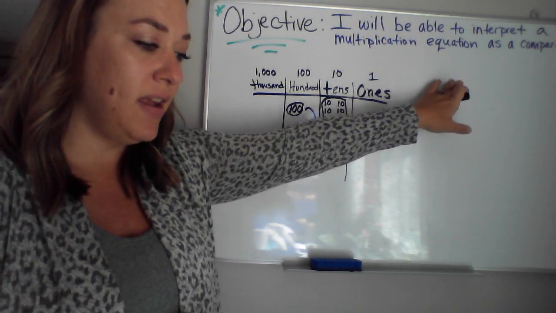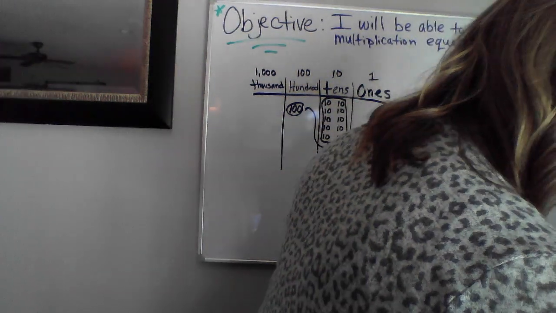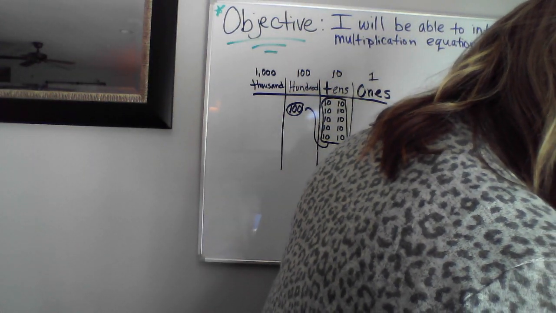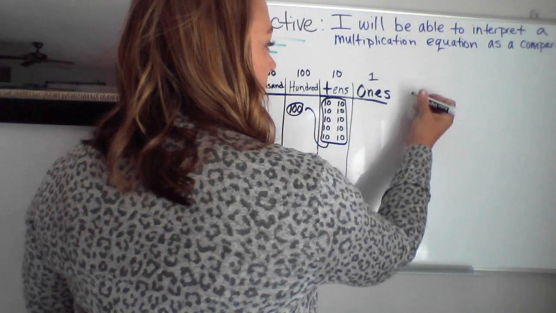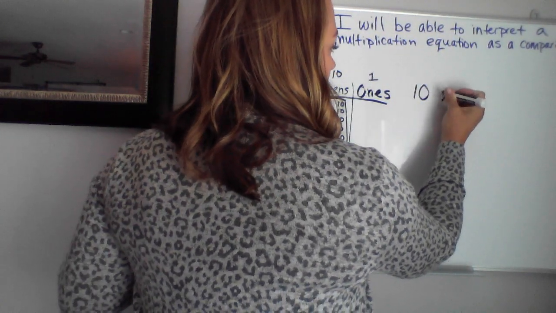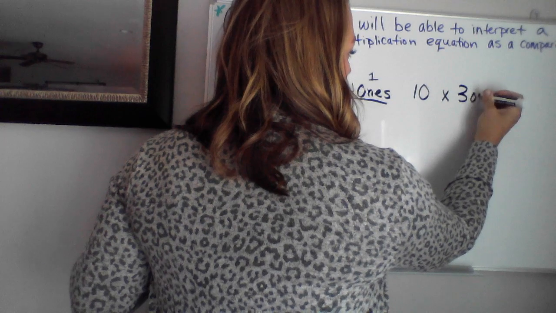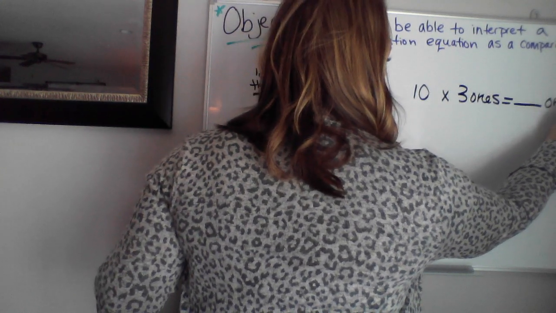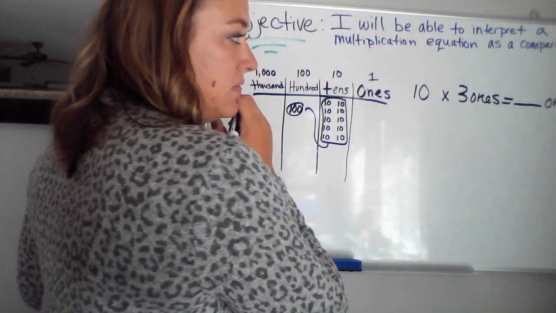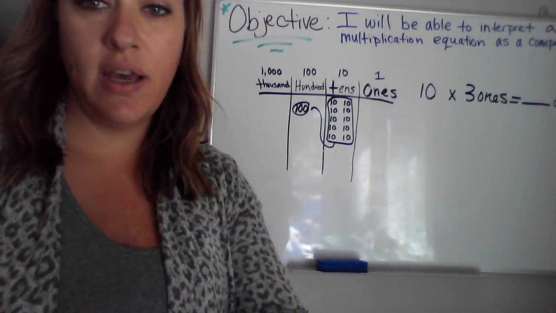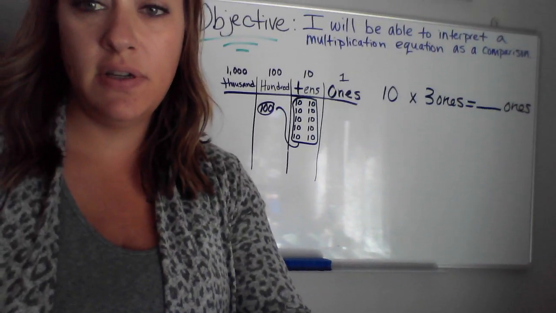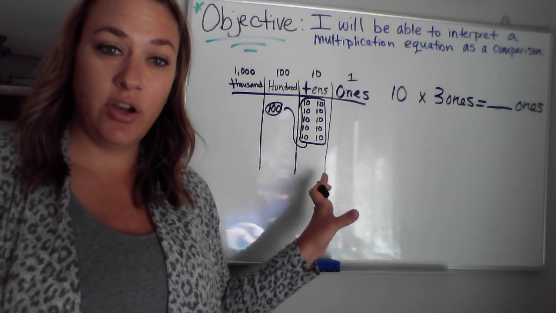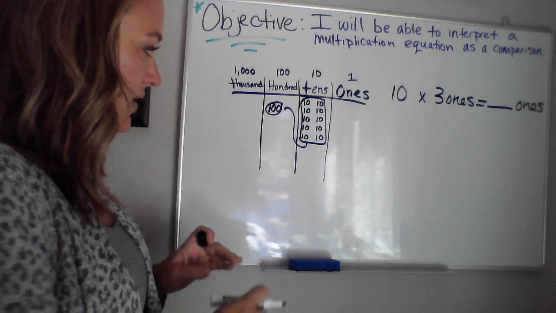Okay, so if I had 10 times 3 ones is equal to blank ones, we can show what that's going to look like on our place value chart, okay?